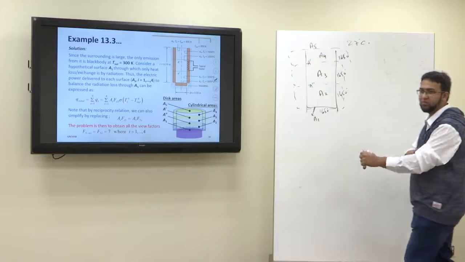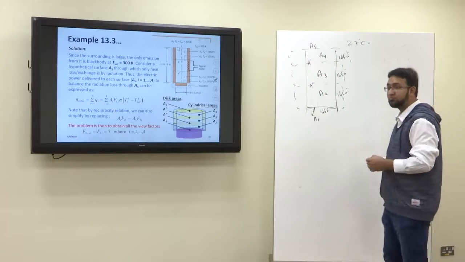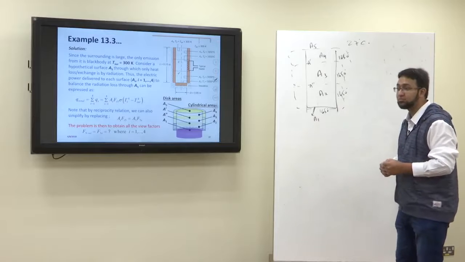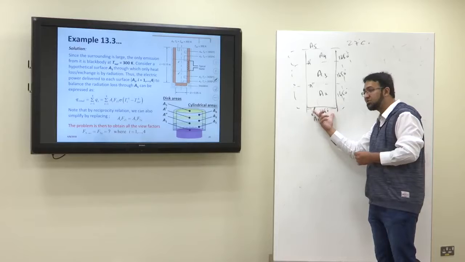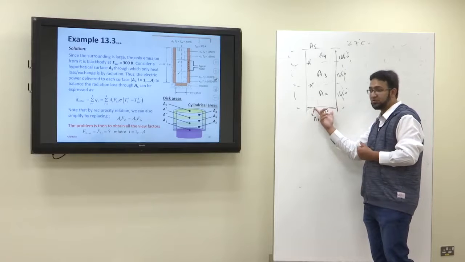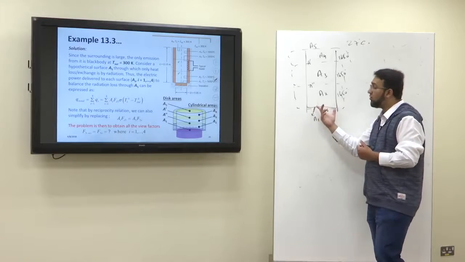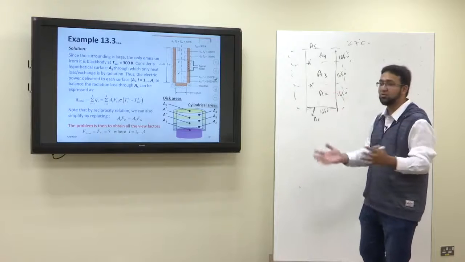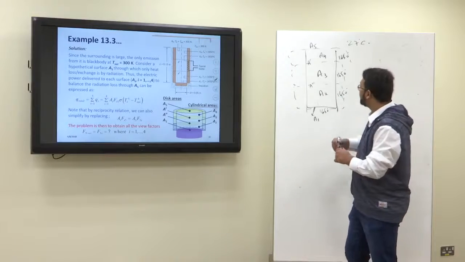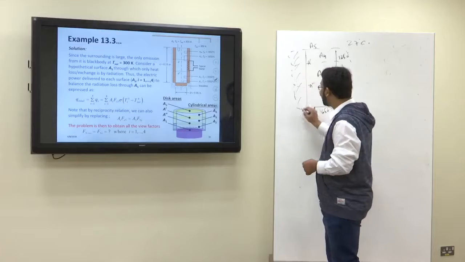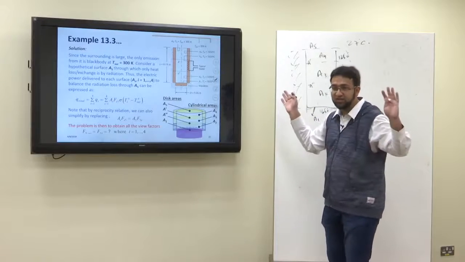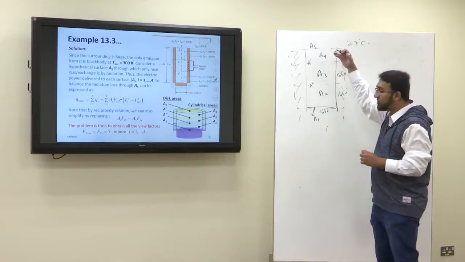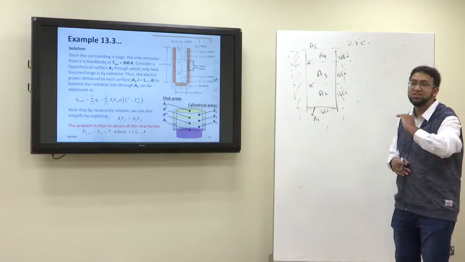Because down is also a surface of the furnace, it's a bottom surface. We need to know how much heat is lost by the furnace. Assuming the furnace is fully insulated, any heat loss is not possible from the sides. Since it is open from the top, the only heat loss possible is from the top.